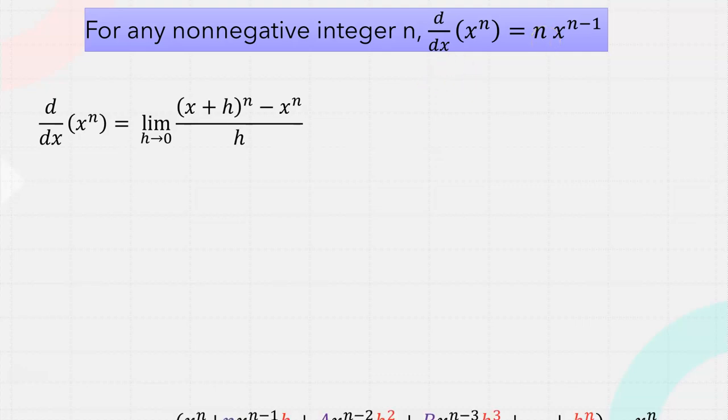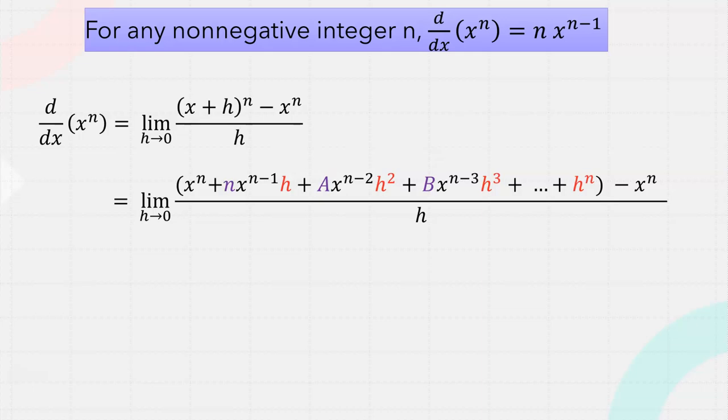You can see that when we multiply it out, the first term would be x to the nth power. The last term would be h to the nth power. And then the next term is the number n, like earlier you had 4x to the third times h. So that would be n times x to the n minus 1 multiplied by h.